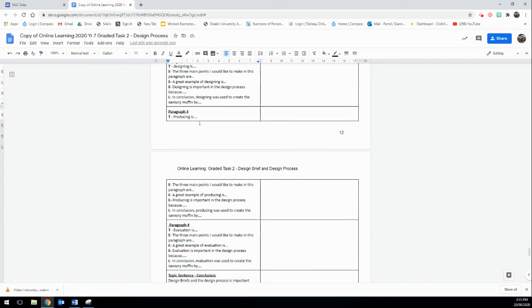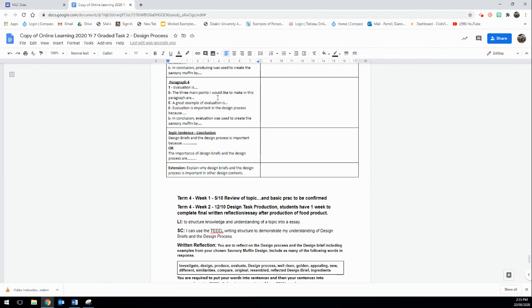You could finish and complete your topic sentence for paragraph 3 on producing because you're just introducing what it is. You could definitely write the topic sentence for evaluation, okay? And so you can get started on those. And then the rest of paragraph 3 and 4, you will finish after the prac, okay?